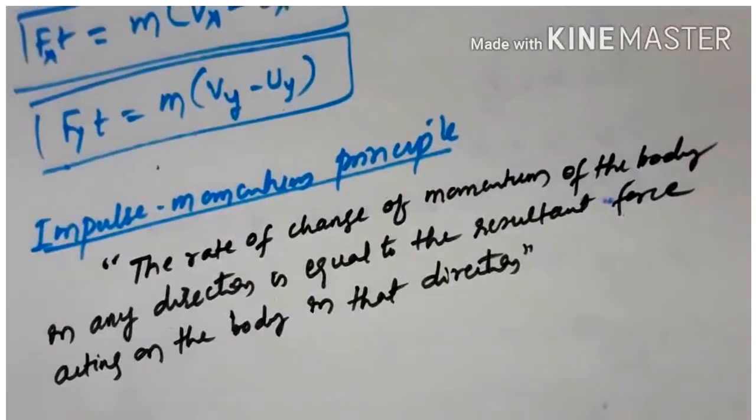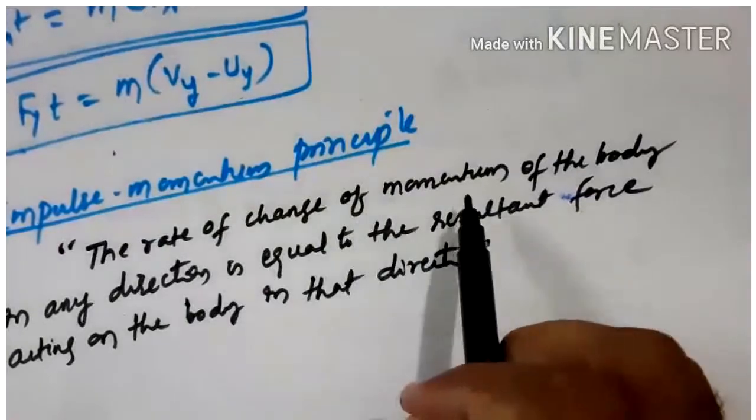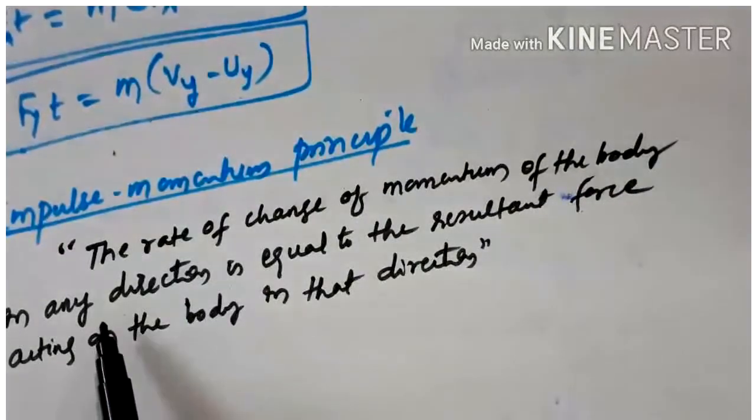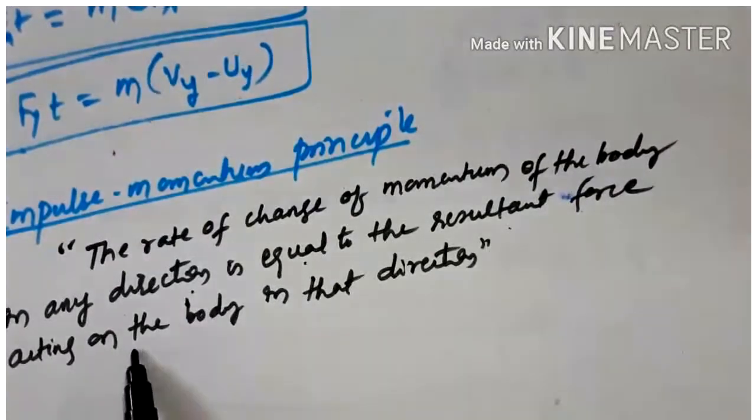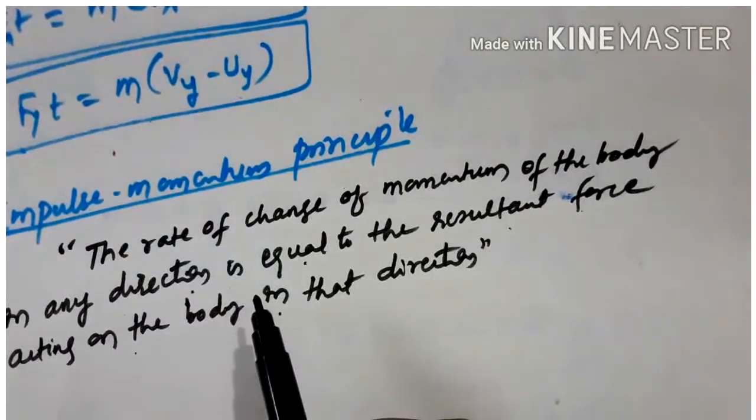So this is the impulse momentum principle: the rate of change of momentum of the body in any direction is equal to the resultant force acting on the body in that direction.